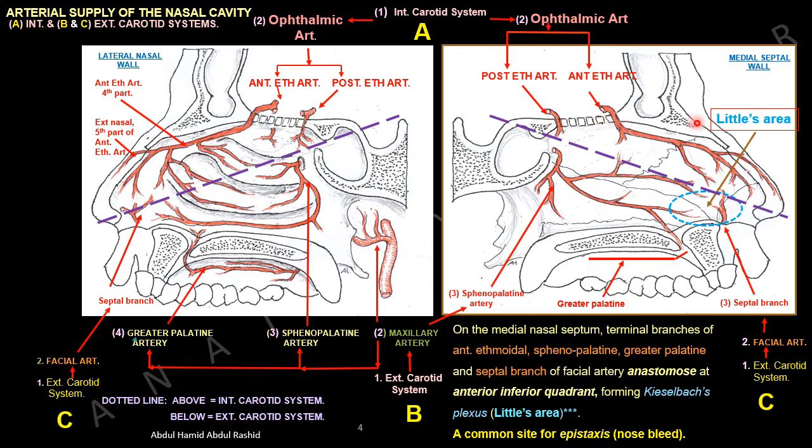If you see the nasal septum, you will see the terminal branches of anterior ethmoidal artery, sphenopalatine artery, greater palatine artery, and septal artery anastomose at antero-inferior quadrant of the nasal septum, forming a little blood plexus called Kiesselbach's plexus. This area is also known as Little's area. It is clinically important because it is a common site for epistaxis, nose bleeding.